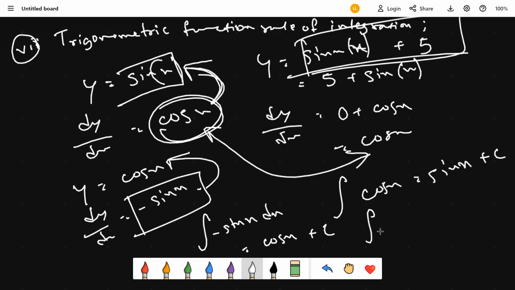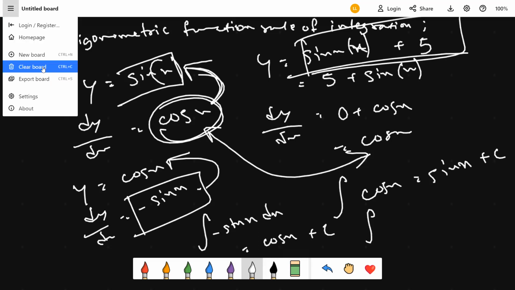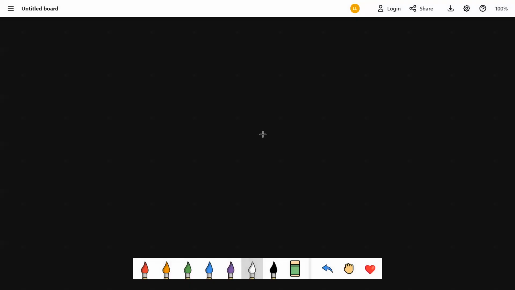That means we can form some equation here. Let's start from the beginning. So y equals cos x we have. Differentiating cos x gives us negative sine x.